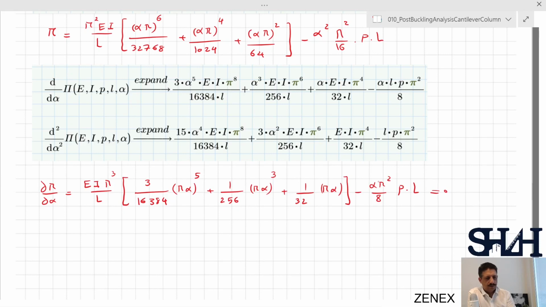And if I put it equal to 0, then I can find P critical.